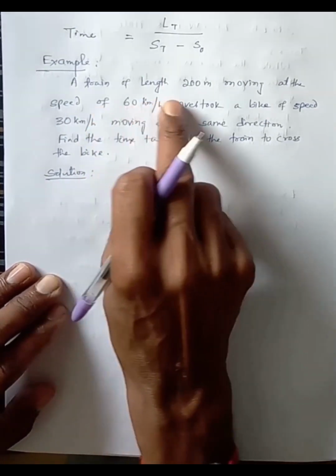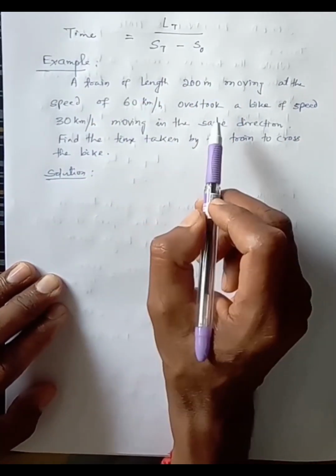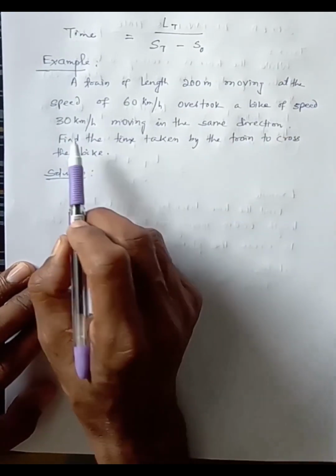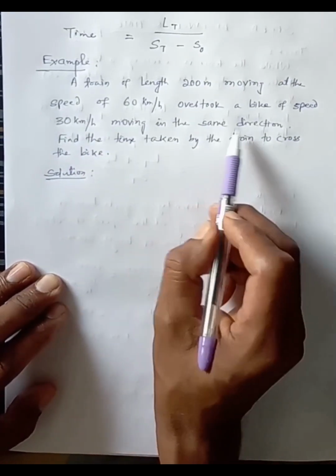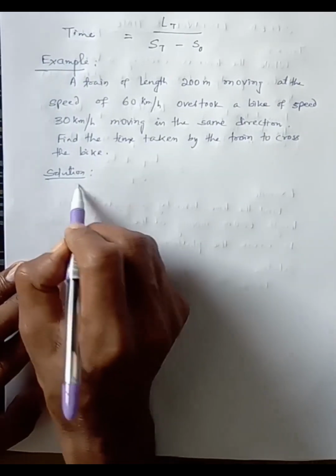A train of length 200 meter moving at the speed of 60 km per hour overtook a bike of speed 30 km per hour moving in the same direction. Find the time taken by the train to cross the bike.